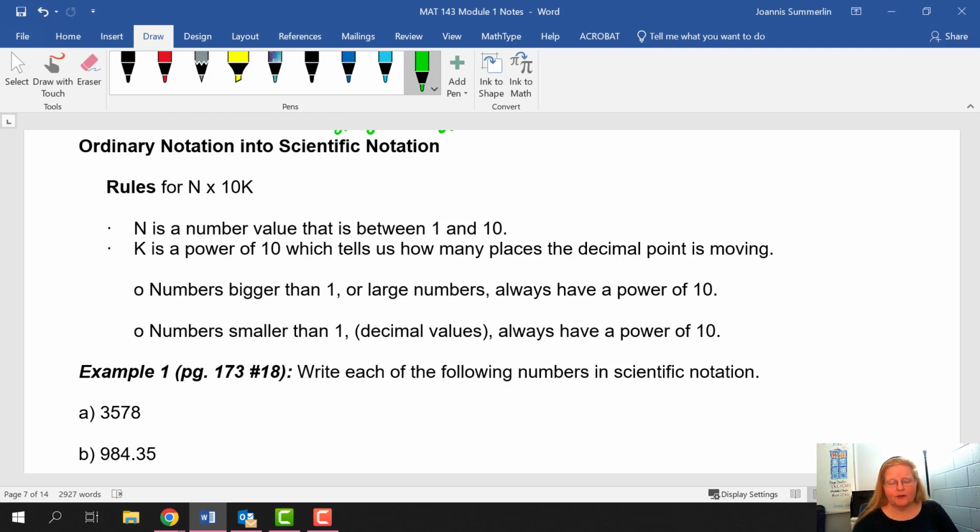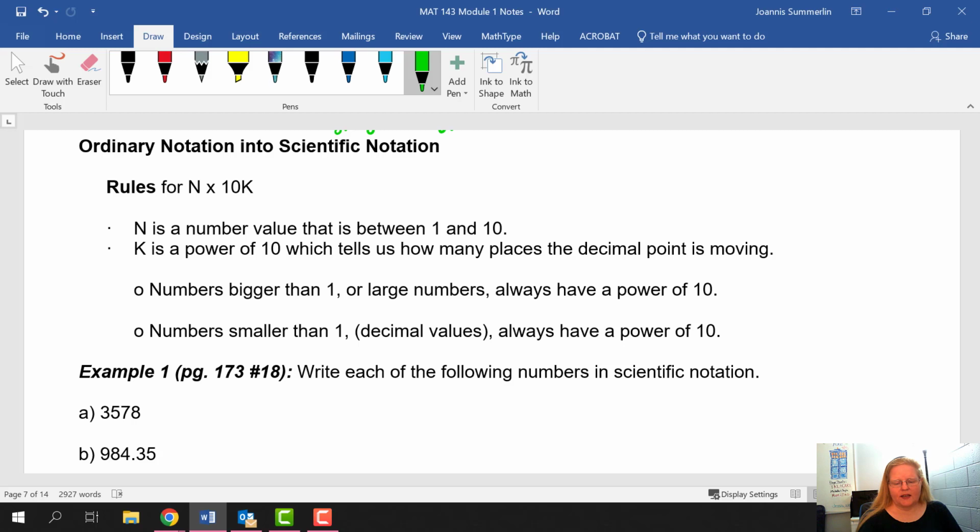Scientific notation, however, is something different. It follows a rule where n is a regular number, but that number has to be between 1 and 10. It can be 1, it cannot be 10. Then you multiply that number by 10 to some power, where k is a power of 10, which tells us how many places.